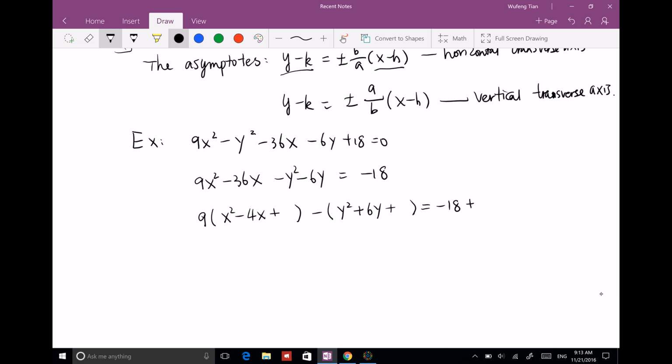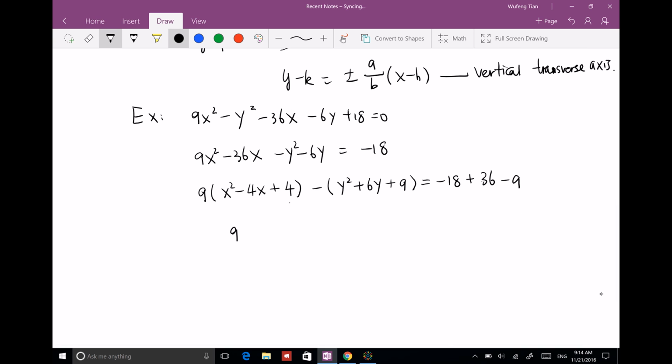So we add 4 to the x part. Since I add 4 here, what do I add here? 36 and 9. Minus 9, because you subtract 9 here. Then you have 9 times (x minus 2) squared minus (y plus 3) squared equals 9.